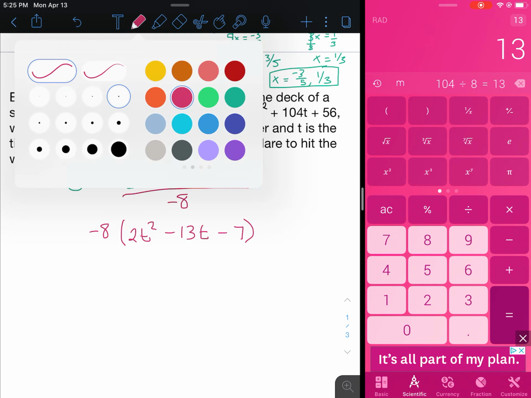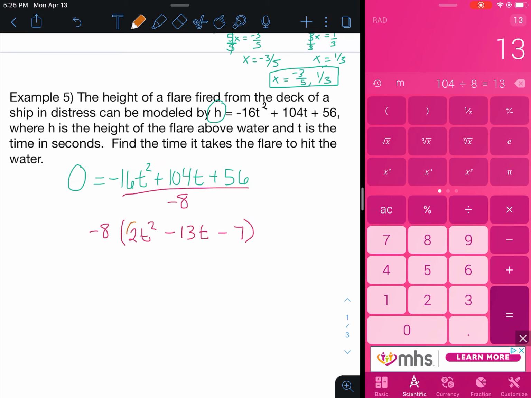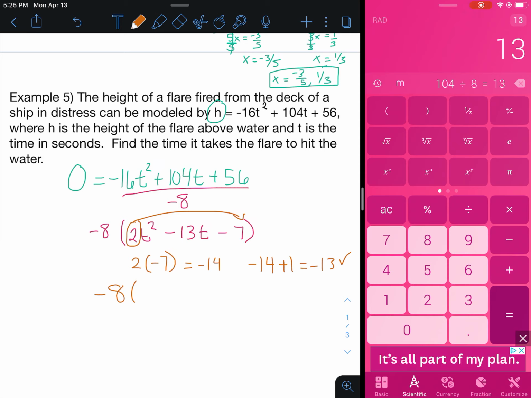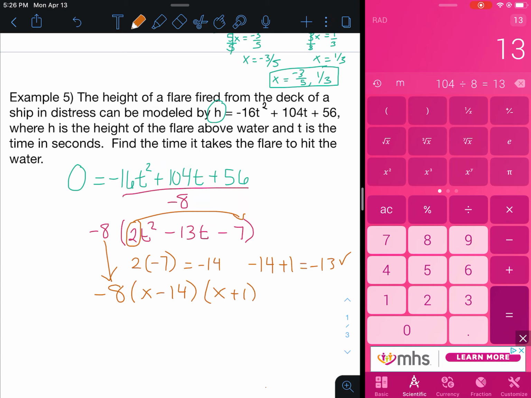All right, so now what I'm going to do is multiply my 2 by a negative 7. So when I do that, that gives me negative 14. And my two factors of negative 14 that add up to negative 13 are negative 14 and positive 1. So now my factors are my negative 8 out front from the very beginning. I have to keep that. Then I have x minus 14 times x plus 1. And again, remembering this always equals back to 0.